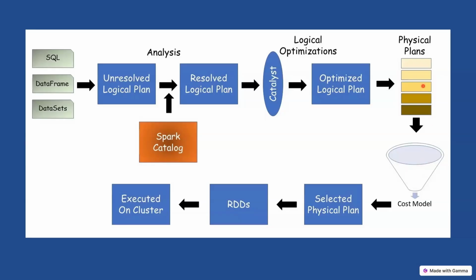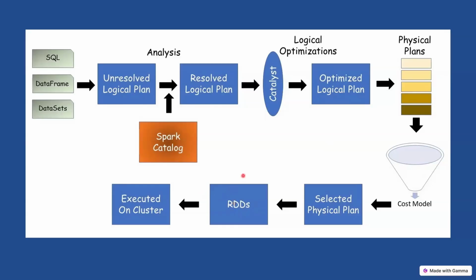So the main purpose of the physical plan is to execute your job in such a way that you can use the compute in your cluster in a very effective way. So it selects the best physical plan and then it creates the RDDs, right? And this RDD gets executed on a cluster.